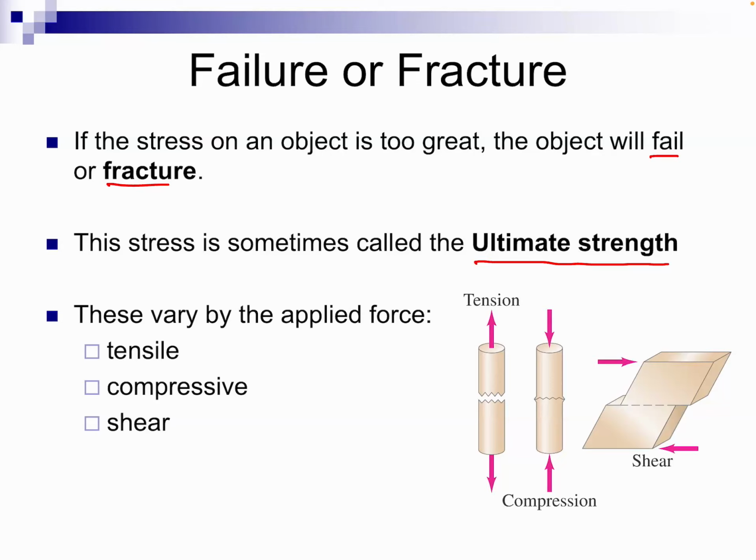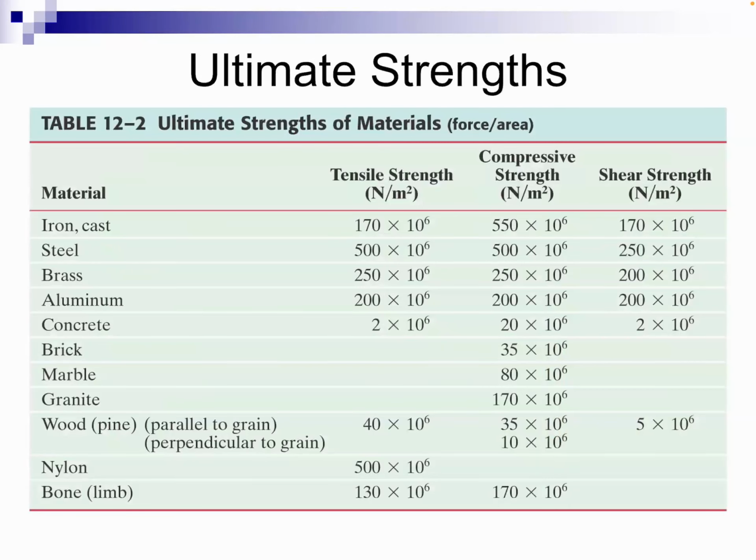The ultimate strength, or the maximum stress that objects can withstand, you can also test experimentally. So you can say that it's a property of every material. And there are tables that you can look up that indicate the ultimate strengths of materials. You can find, for example, in our textbook, table 12.2, summarizing the ultimate strengths of different materials.